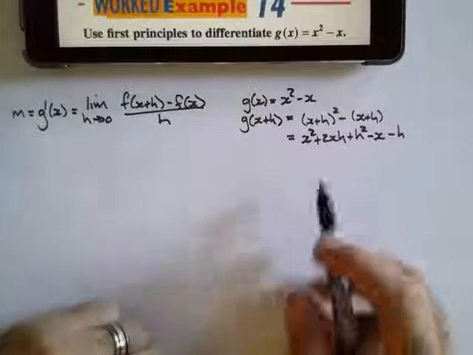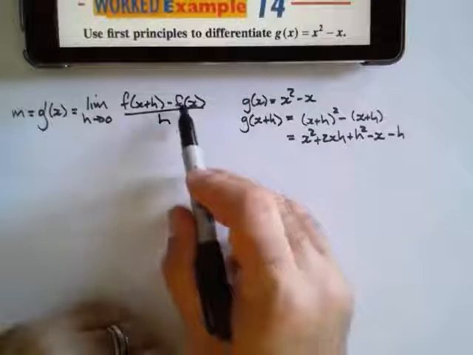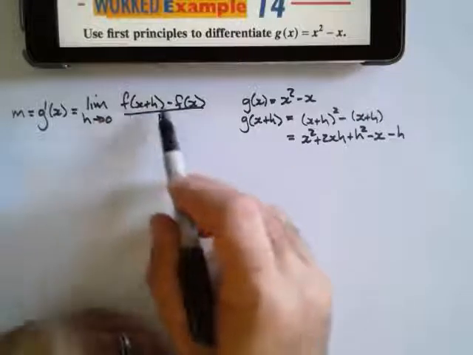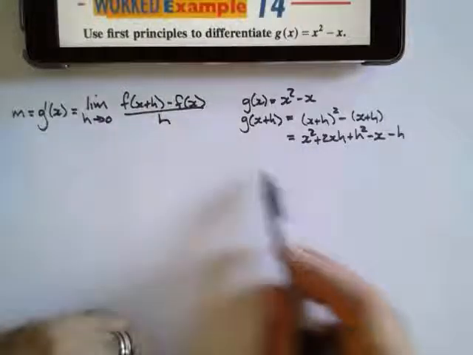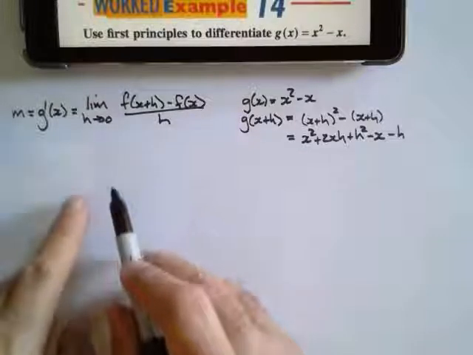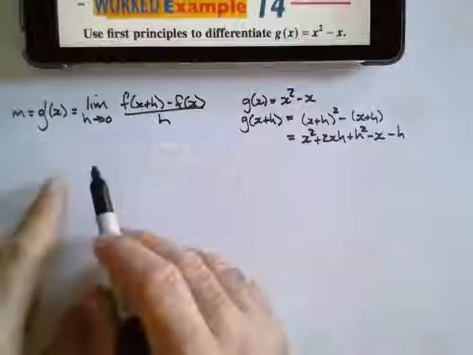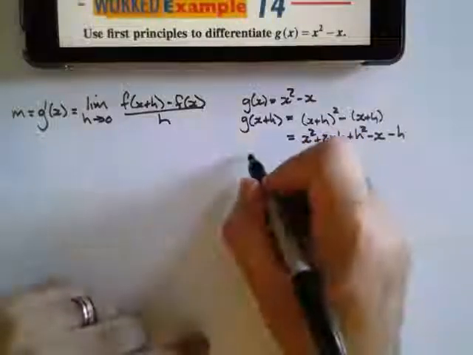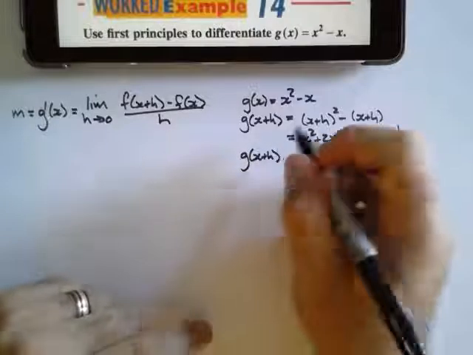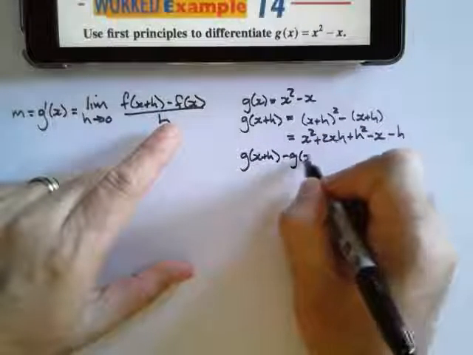My next step: I now have g(x) and I have g(x plus h). Let's combine the two, because if I don't do it here, I have to do it there and carry the limit, so it's just more writing. I'm going to now find g(x plus h) take away g(x).